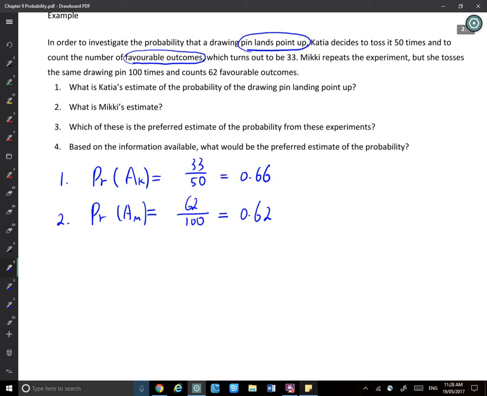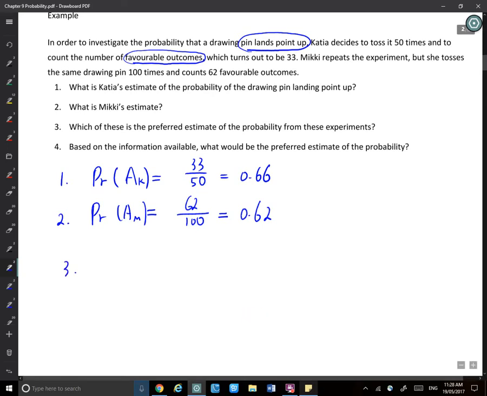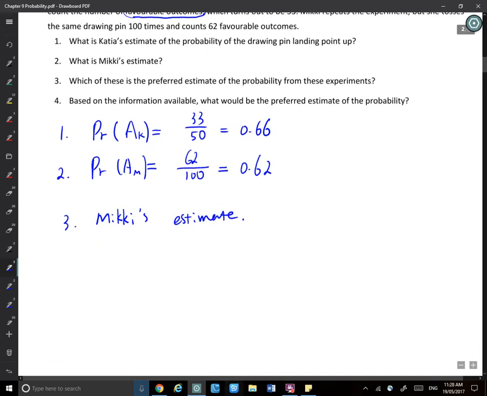So the more the better. 100 times will be preferred. So the preferred one is Mickey's estimate.